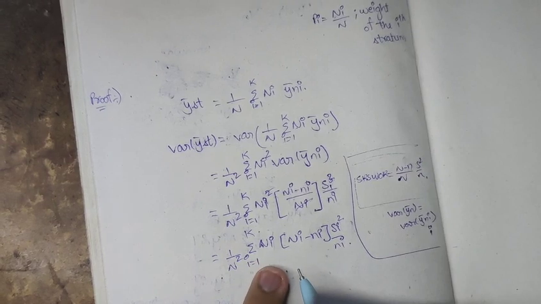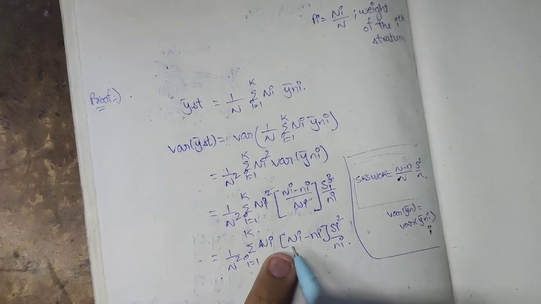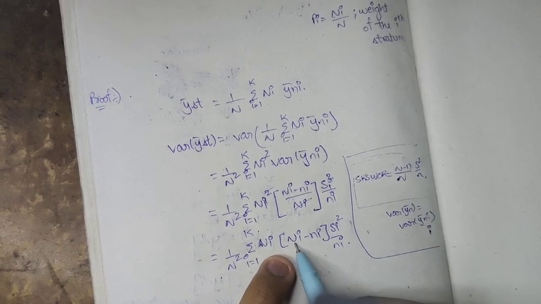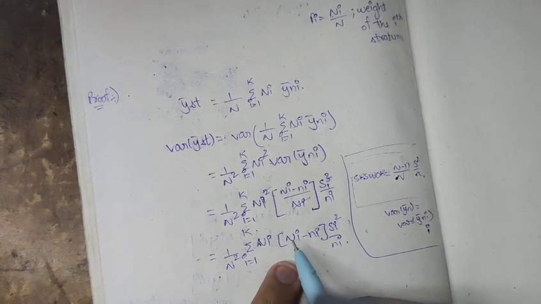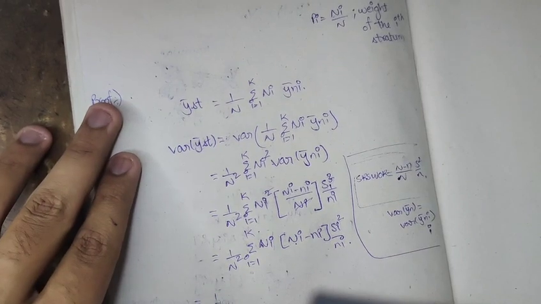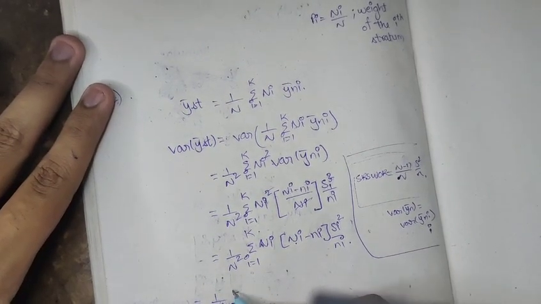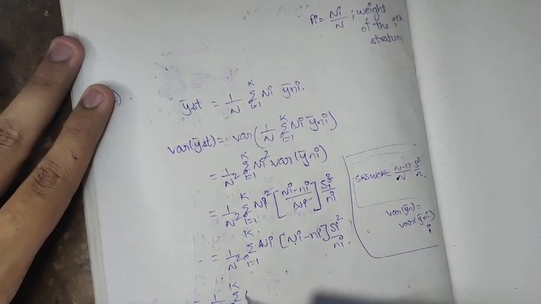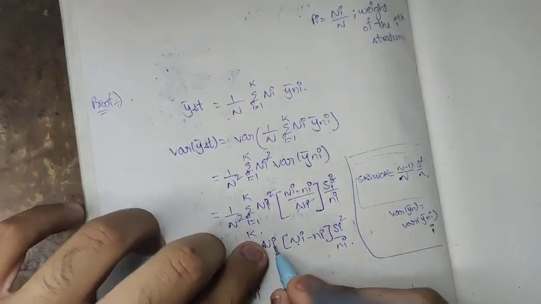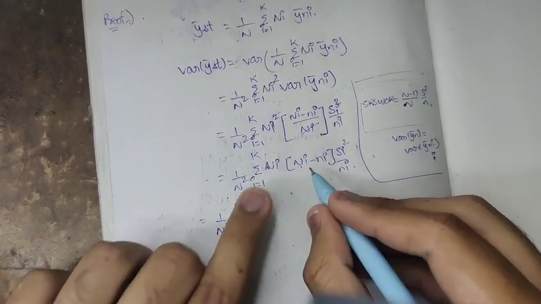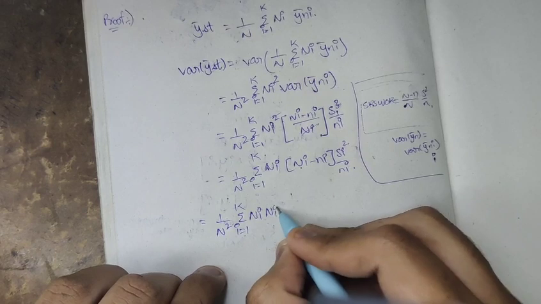Now let's take N_i common in this term, the capital N_i. So what will happen? 1/N² summation from i = 1 to k. The N_i that's already here, we write it here. The N_i that we are taking common, we'll write it here.